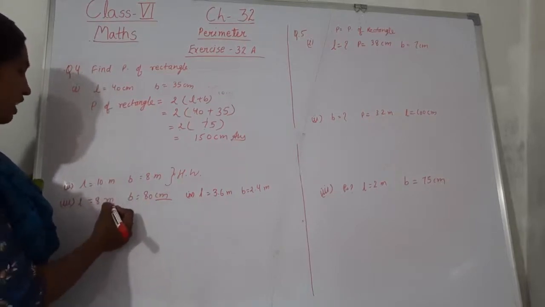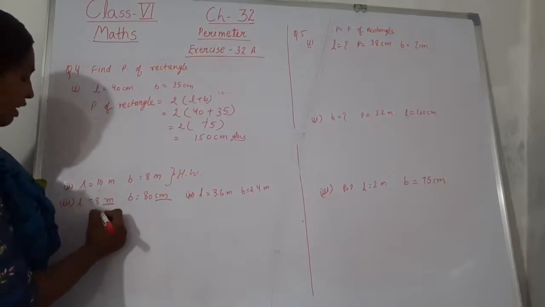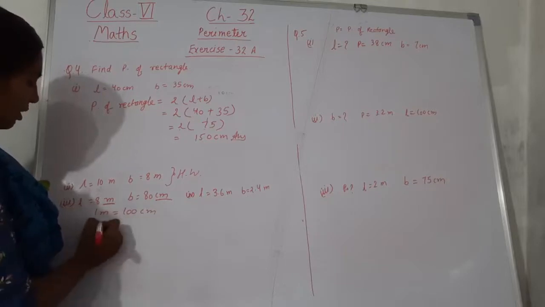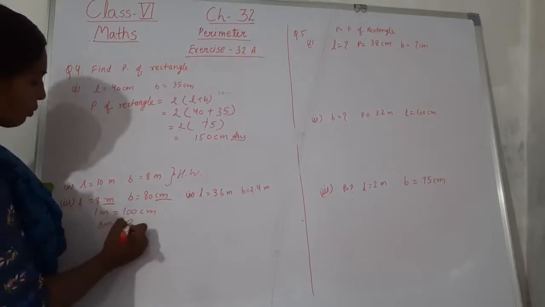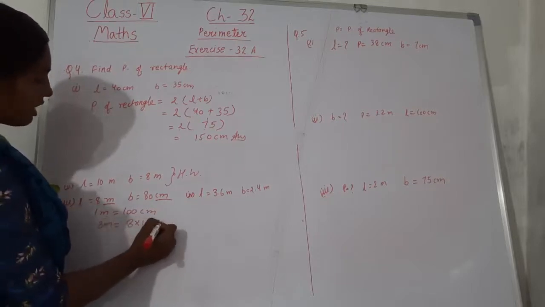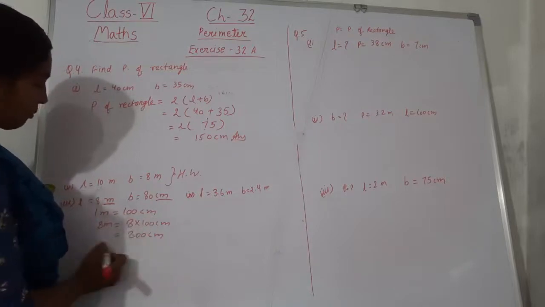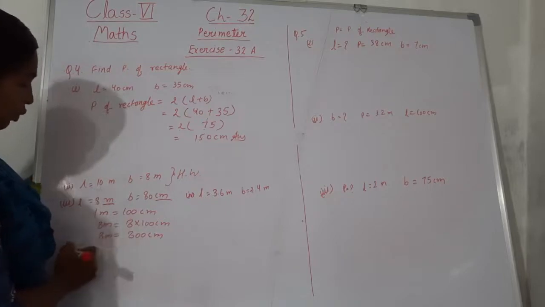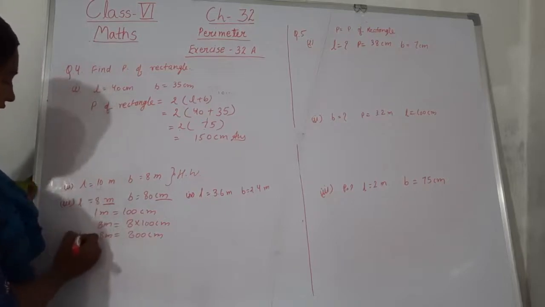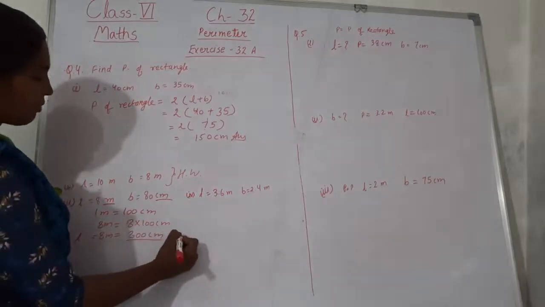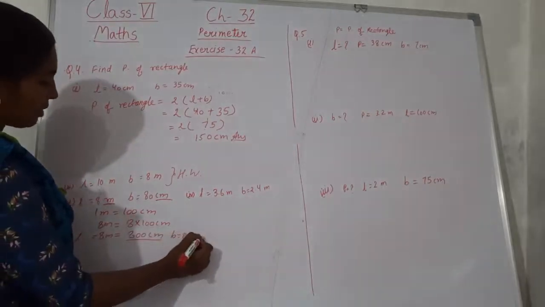So I am converting this meter into centimeter. 1 meter is equal to 100 centimeter. That means 8 meter is equal to 8 into 100 centimeter. That means 800 centimeter. Okay, and that means my length is 800 centimeter and breadth is 80 centimeter.